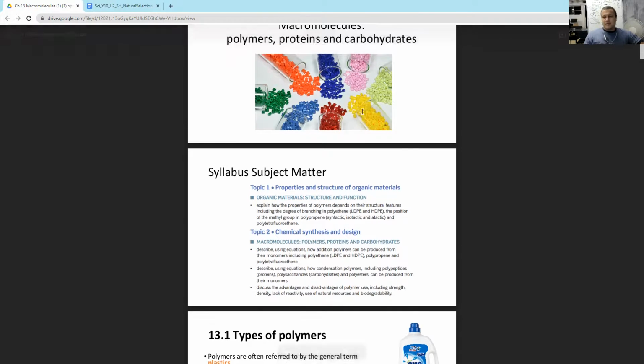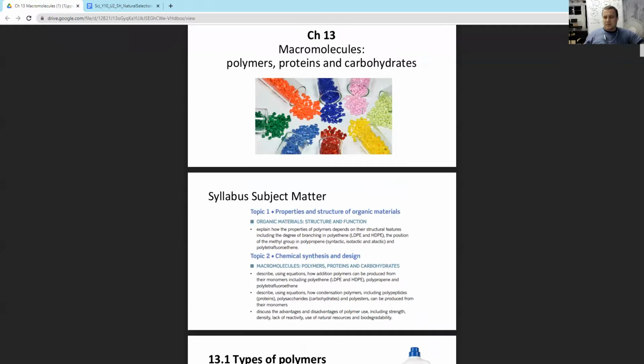So polymers are what's commonly referred to as plastics. Plastics are referred to as polymers one way or the other. It doesn't hugely matter. Can anyone tell me what makes up a polymer of any kind?